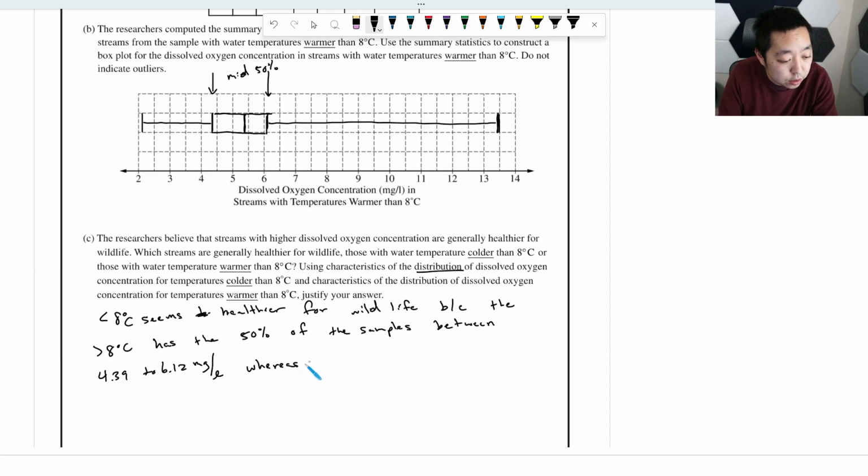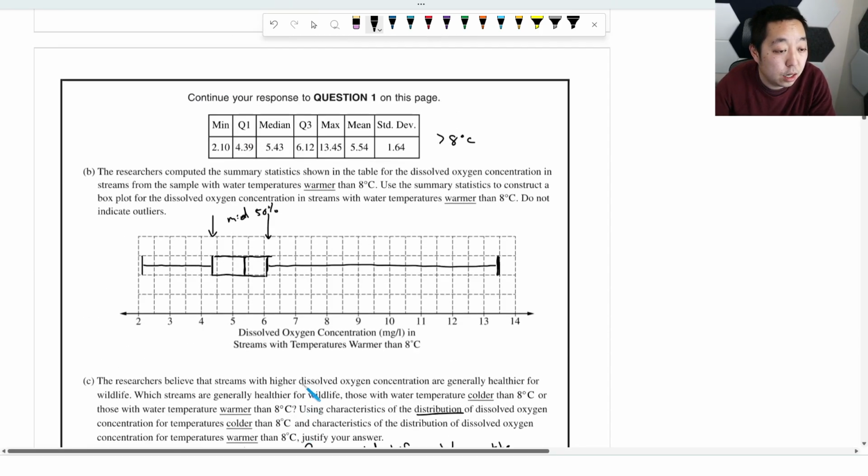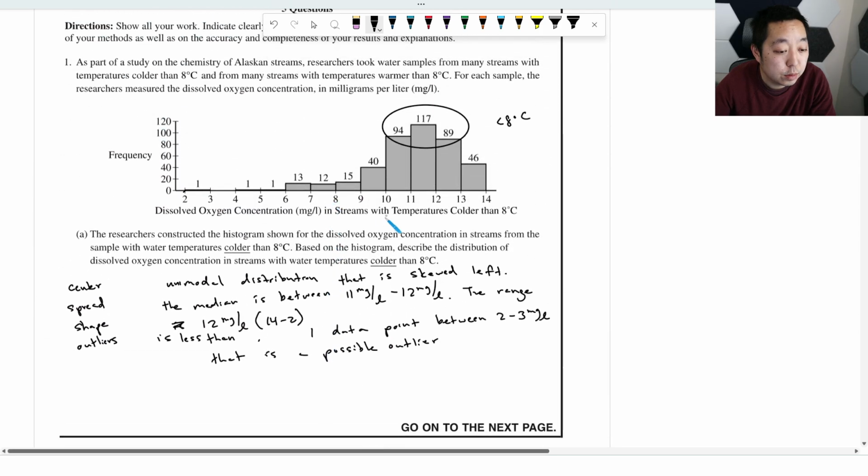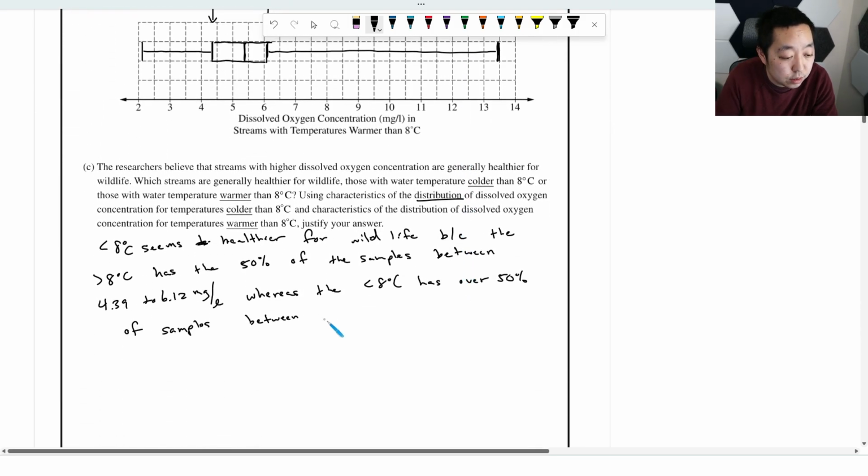Whereas the less than 8 degrees Celsius has over 50% of the samples between, what are the numbers? Between 10 to 13, right? Between 10 to 13 milligrams per liter.